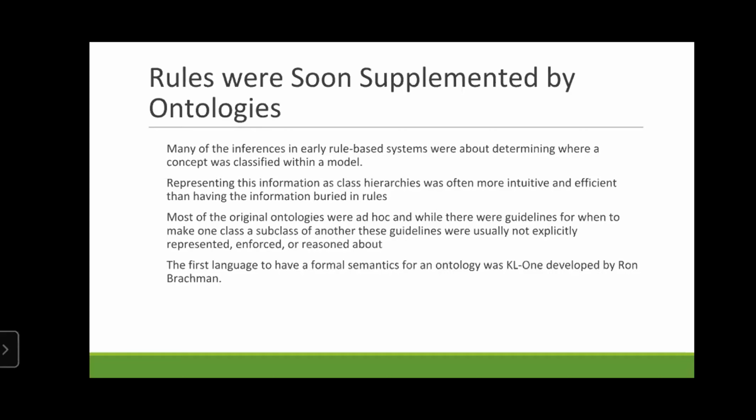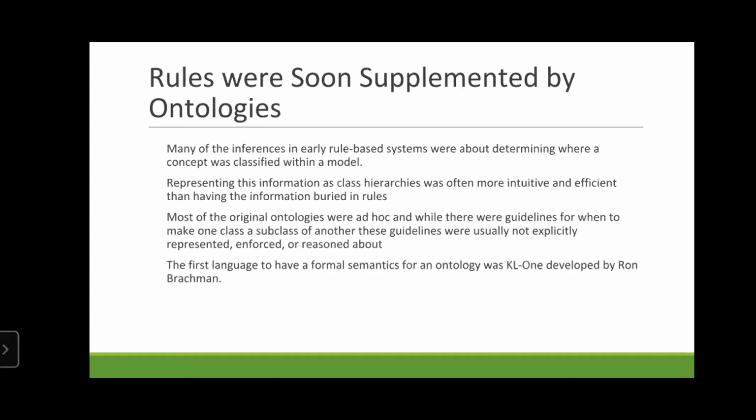It was soon apparent that it was useful to have these kinds of models available for the rules to interact with, because when people looked at the rules that were written in the very earliest expert systems, they found that a lot of what they were doing was this kind of classification, only without actually having a model written down, but just with the model implicit within the rules.